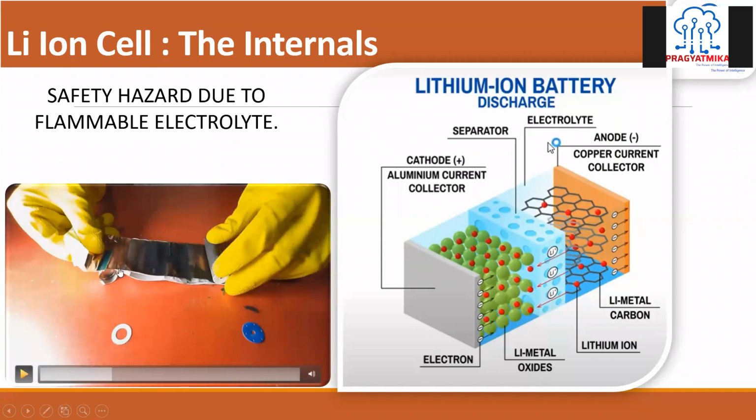As I have told you, the electrodes are there. You see here, the white is the separator material, which is a polyvinyl material. As a form of current collectors, the copper and aluminum foils are there, on which the anode and cathode slurry is pasted.